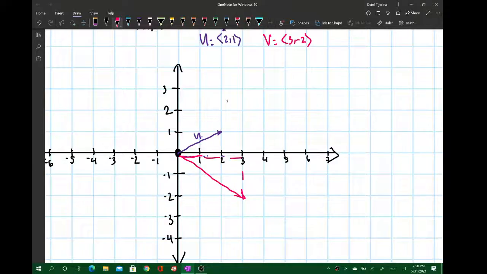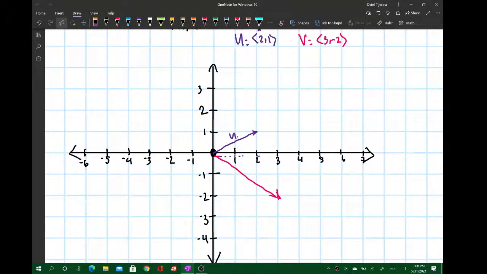That's vector v, right? Now the line that connects these two vectors, I'm not sure exactly what that would be. I think it's u minus v, but that doesn't really matter.